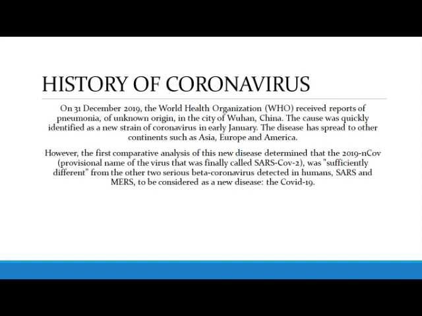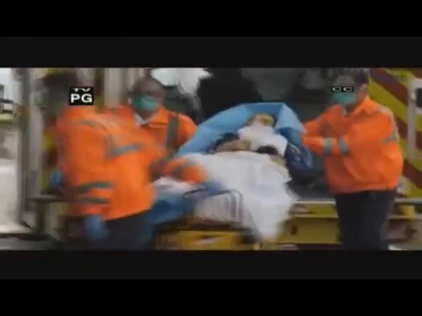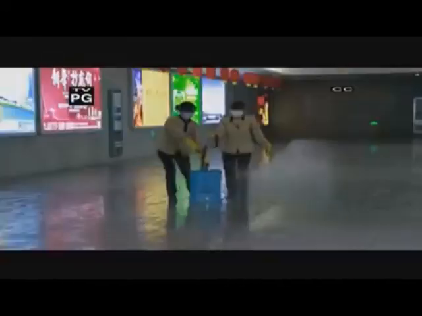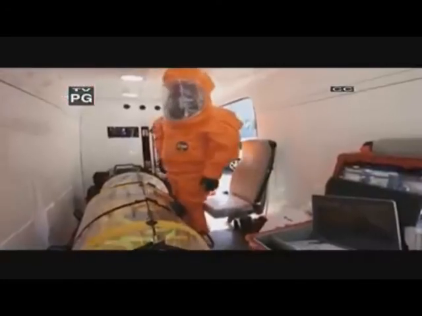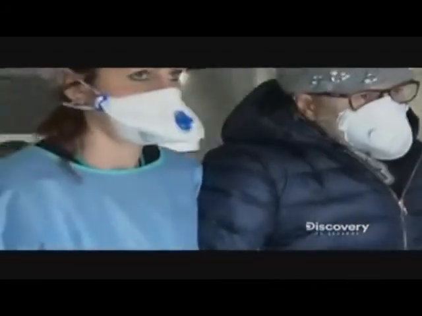The disease has spread to continents such as Asia, Europe, and America. However, the first comparative analysis of this new disease determined that the 2019 coronavirus was substantially different from the other two serious beta coronaviruses detected in humans, SARS and MERS, to be considered a new disease, COVID-19.